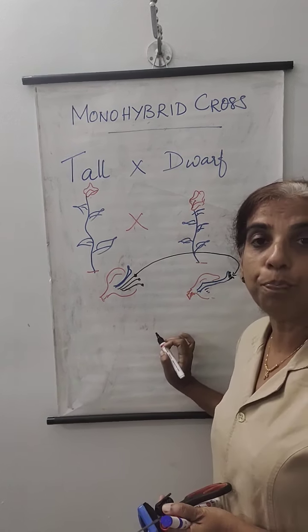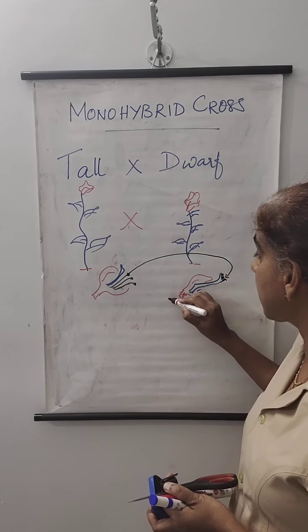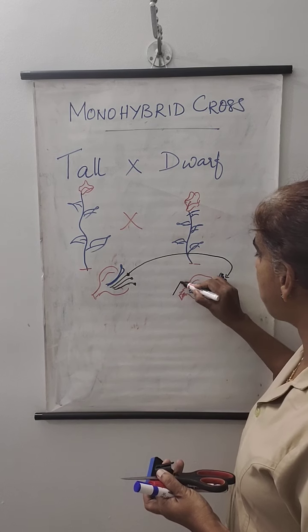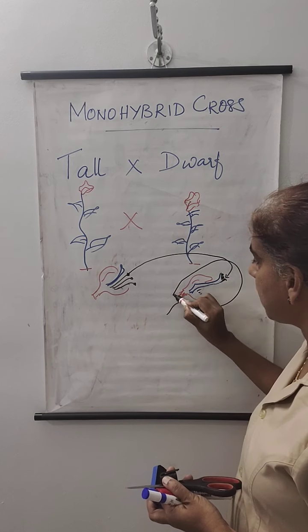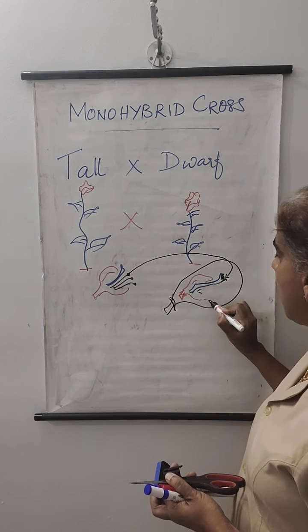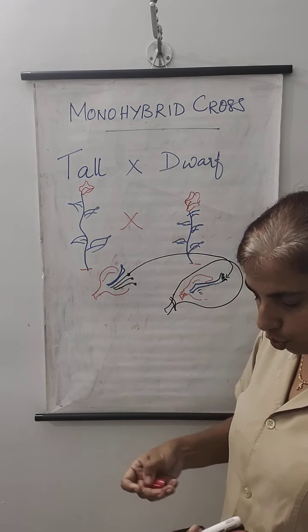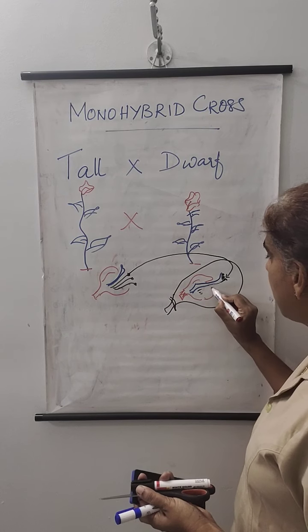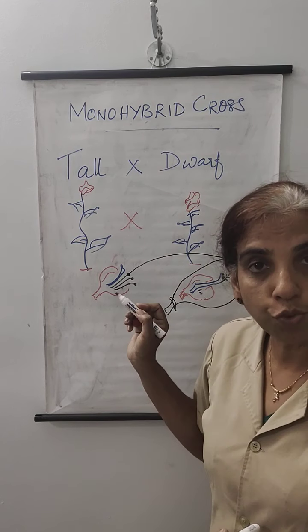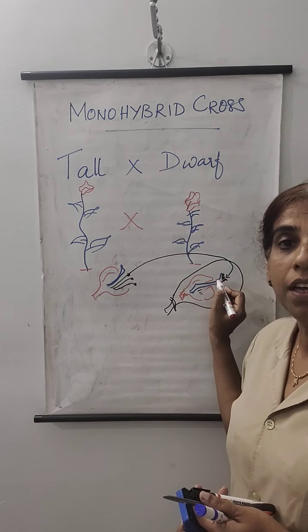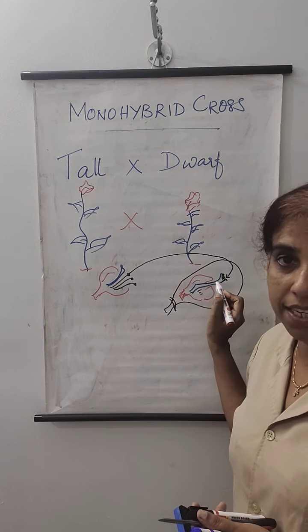Now we have to make sure that no other contamination happens. So if this plant should not be contaminated, you have to cover it with a polythene bag. If you don't cover it, then through the wind or by any other agency, there is a chance of other pollen grains coming and sticking here.